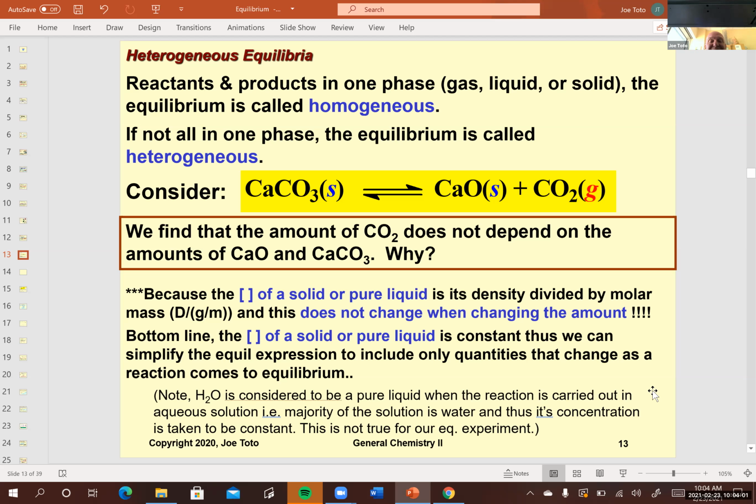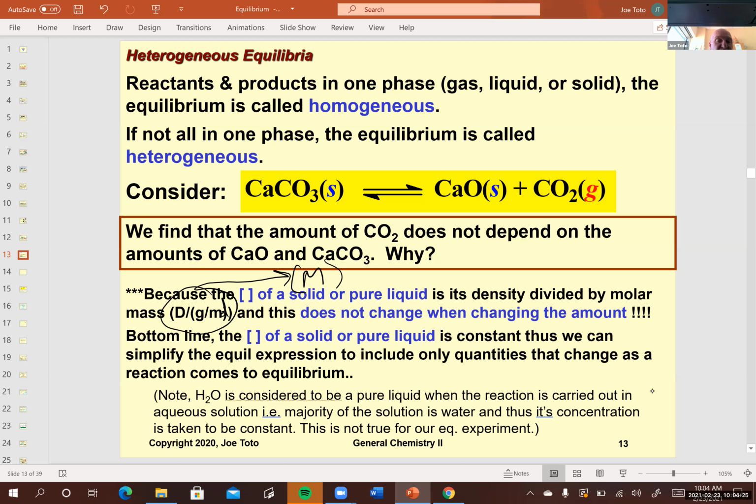For example, any solid is going to have a constant concentration. And so we proved that last time by saying the concentration of a solid is its density divided by the molar mass, so this is grams per mole.